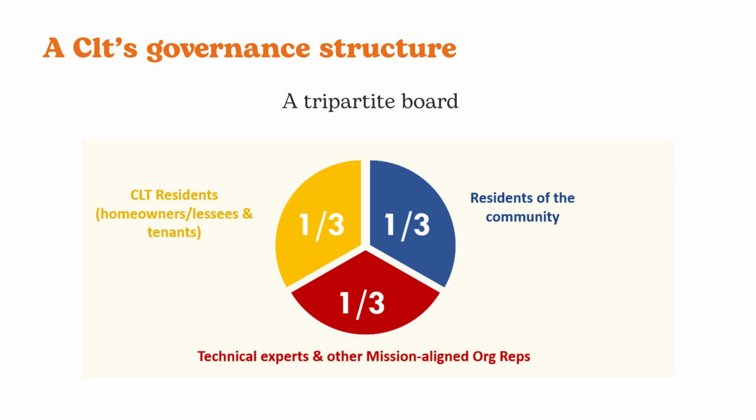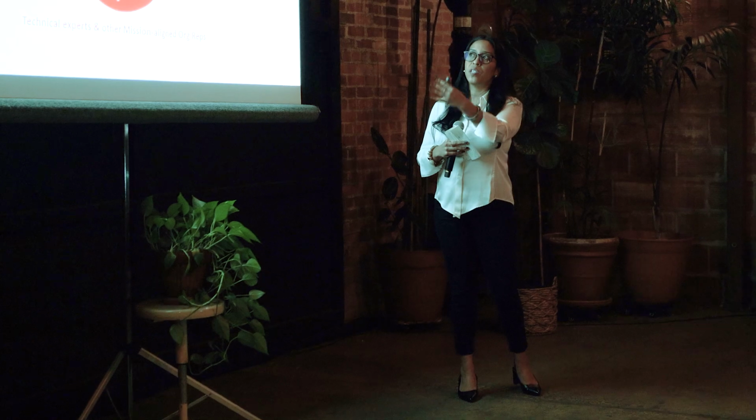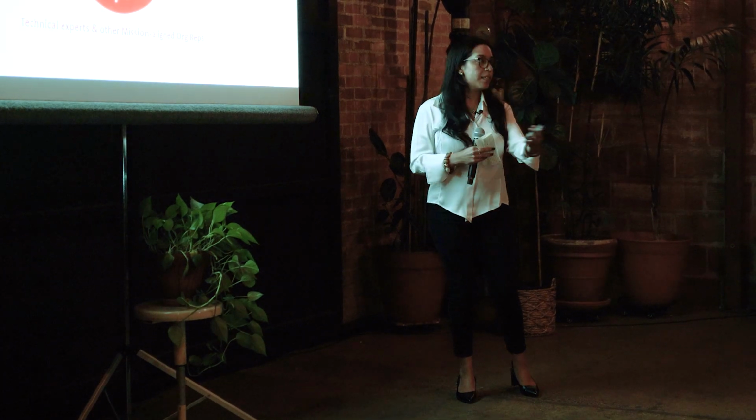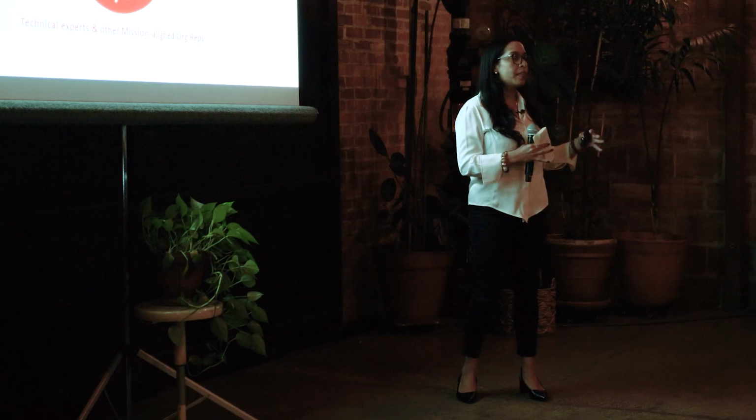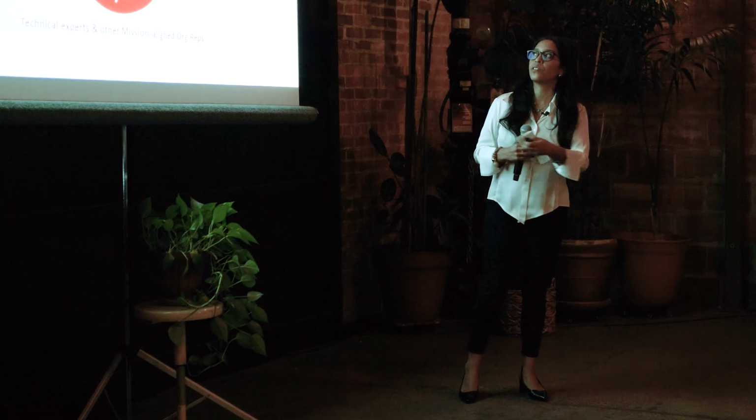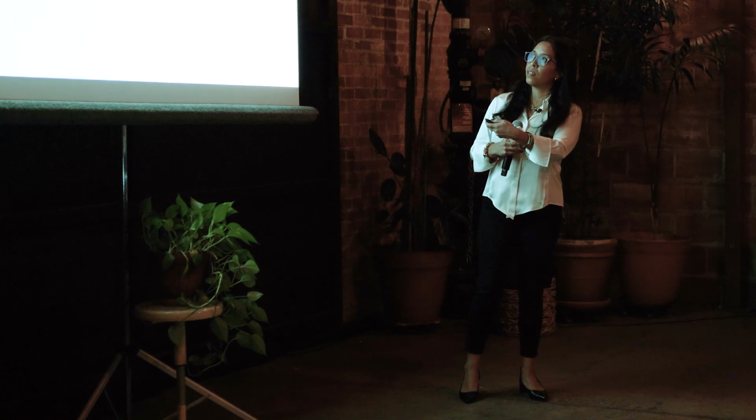I mainly see people start there. And there's usually the vision of it being a transitional board in the sense that we know we need to get CLT residents on the board as soon as we either acquire a property or as we continue to really get our feet underneath us and grow as an organization.